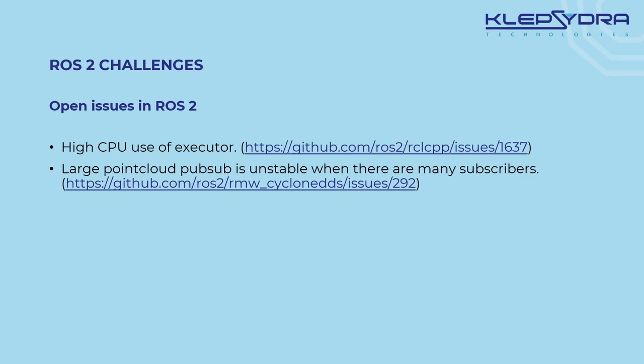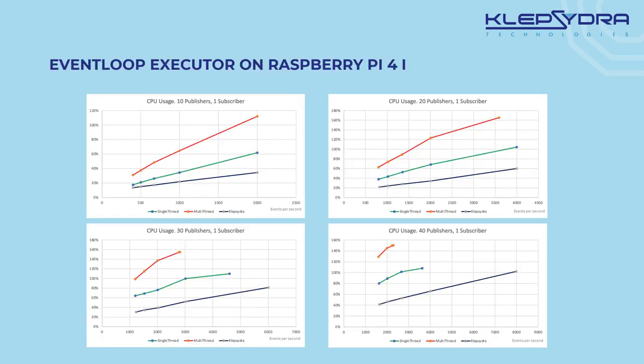Three executors were examined under these testing scenarios: the static single-threaded, the multi-threaded executor, and Klepsydra's own executor. Throughout these slides, green will represent the ROS2 single-threaded executor, red will be the ROS2 multi-threaded executor, and blue will be Klepsydra's own executor.